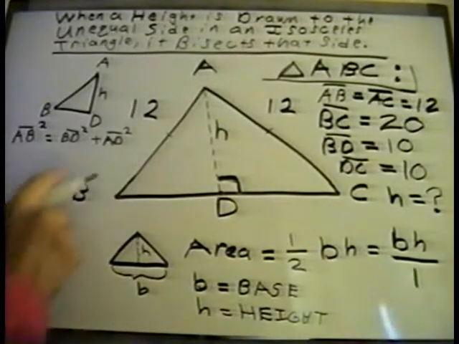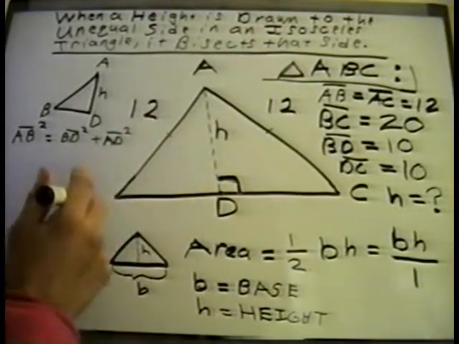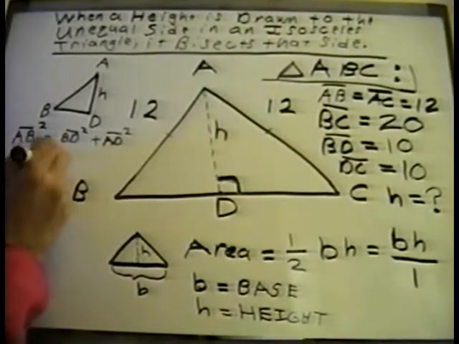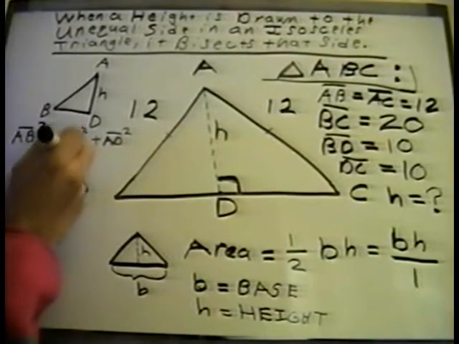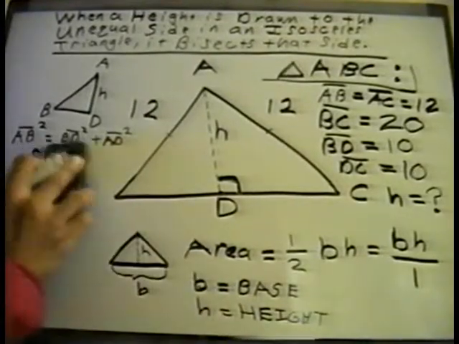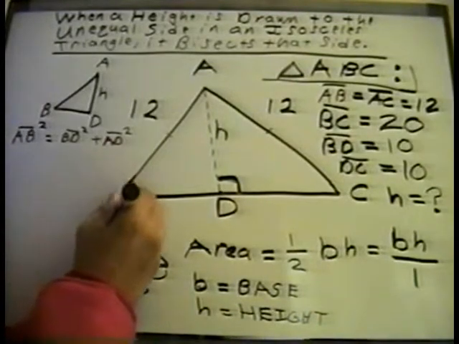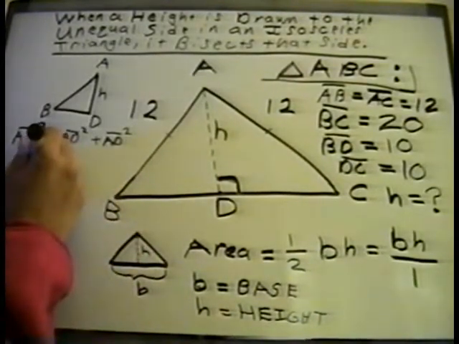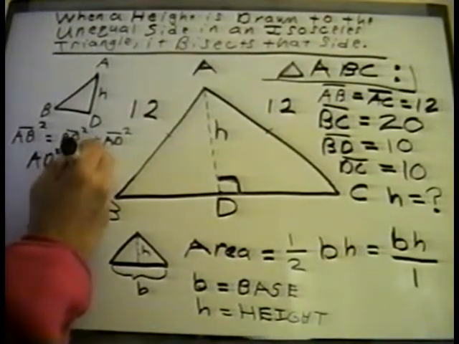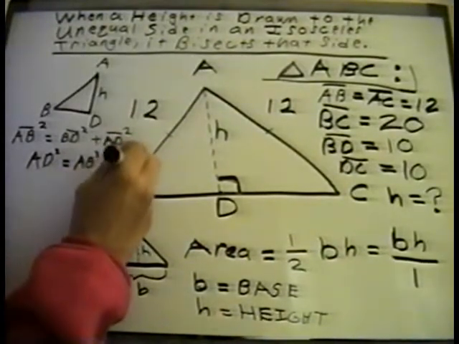Now, we have to solve for AD, for line segment AD. In which case you would use AD squared equals AB squared minus BD squared.